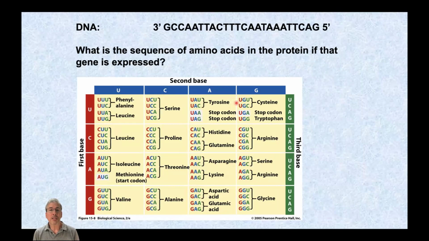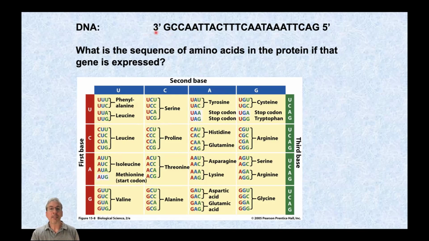If you see a sequence like this, you might be asked, what is the sequence of amino acids that would be produced in a protein if that gene is expressed? What you have to do first is find one of those start codons. If you look at your genetic table, there's the start codon, AUG, and it codes for methionine. So that's step 1. Actually, I take that back. That's step 2, after you know the RNA you're dealing with.